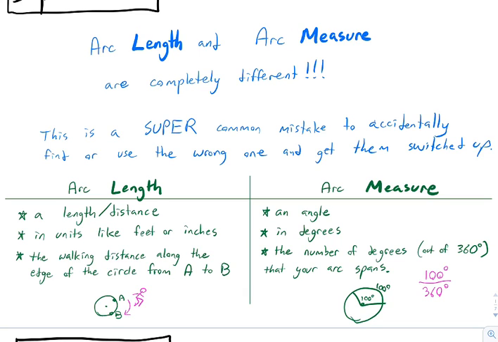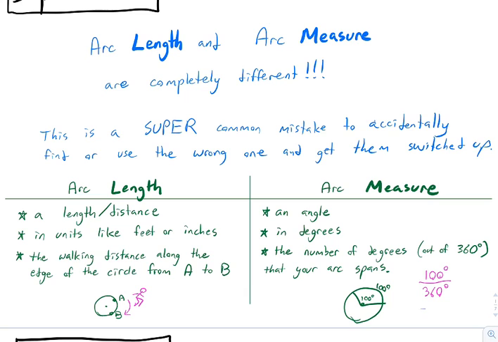If the circle is the size of a little eraser or something, then for a fraction of that circle, you might get a measurement like, oh, the length of this arc is a few millimeters, right? Whereas if the circle is as big as a planet, then the same 100-degree arc might now take up thousands of miles or thousands of kilometers.